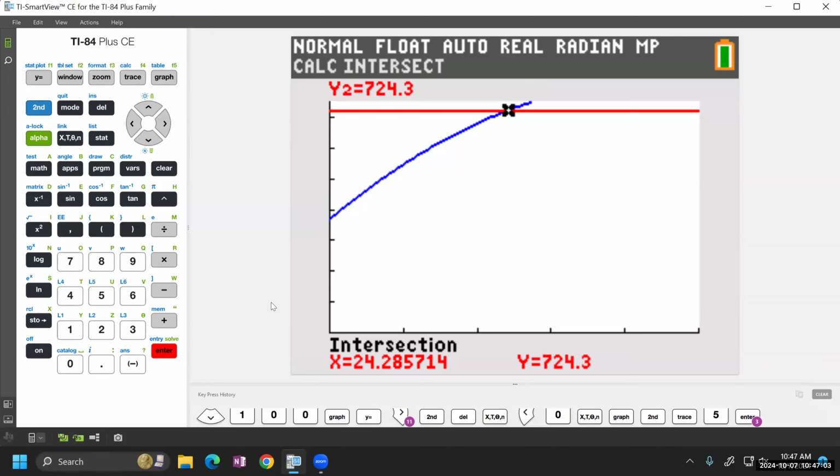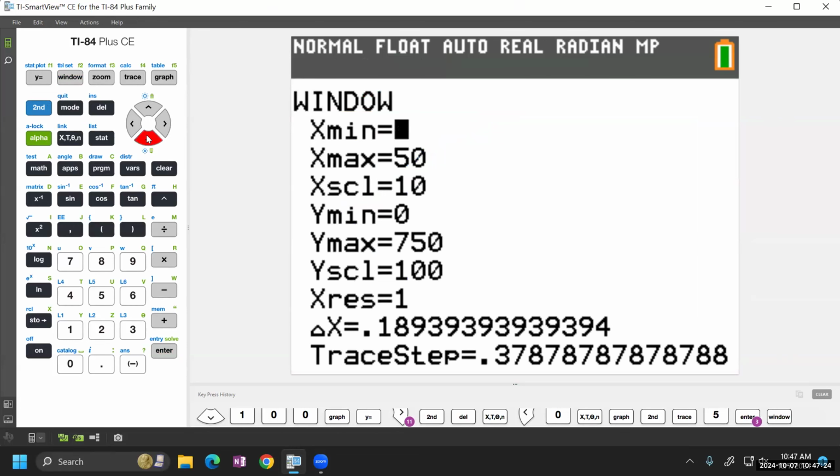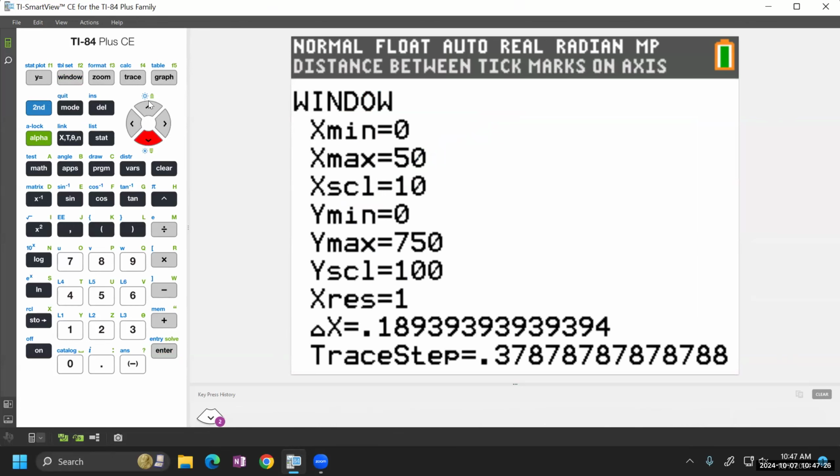I think I intersect at another place. I said I don't need to worry about it, but I think if this parabola comes up, it's going to come back down and somewhere over here it's going to intersect again. So I need to move that x scale out. Let's go back to our window and move this out to 100, and see if we can see where it's crossing.